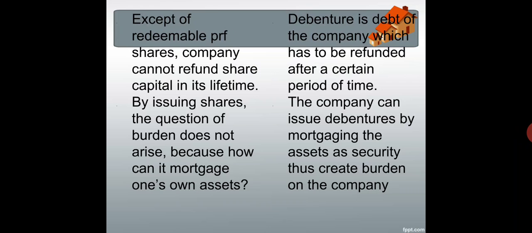So when you are going to compare equity and preference, the first preference is given to preference shareholders on the payment of dividend and on the payment of capital. After paying the dividend and capital to preference shares, the next preference is given to the equity shares.